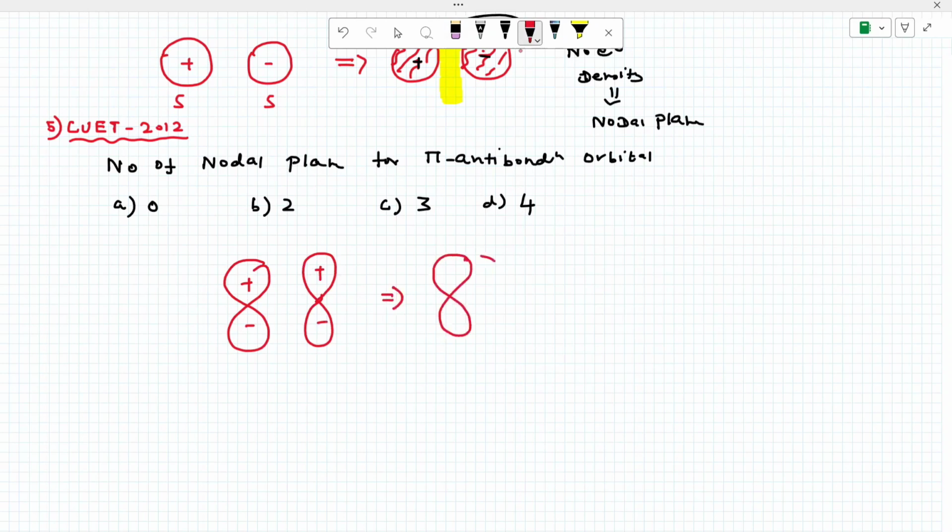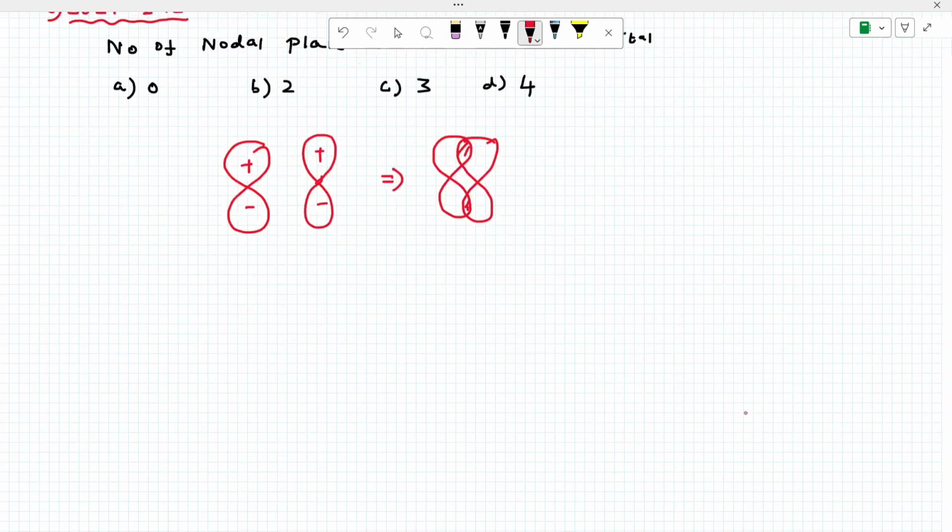In the bonding case, both have the same sign. Now what is antibonding? Simple, right? Here this is plus, and here this is minus, and the other is minus, plus. Due to the opposite wave functions, they do not undergo overlap.